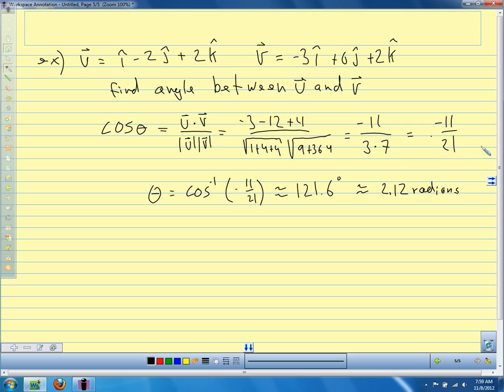And if the cosine turns out to be -1, you know that the vectors are oppositely oriented, so the angle between them would be pi, or 180 degrees. Questions?